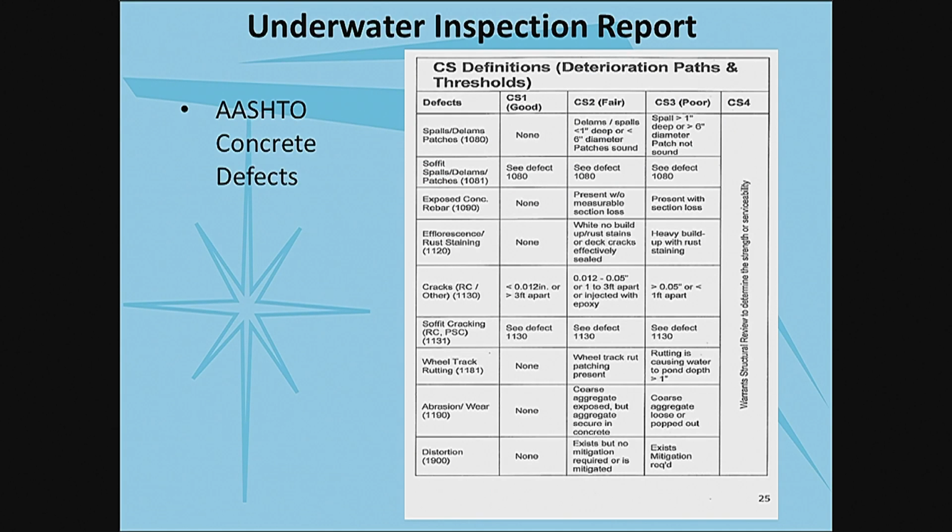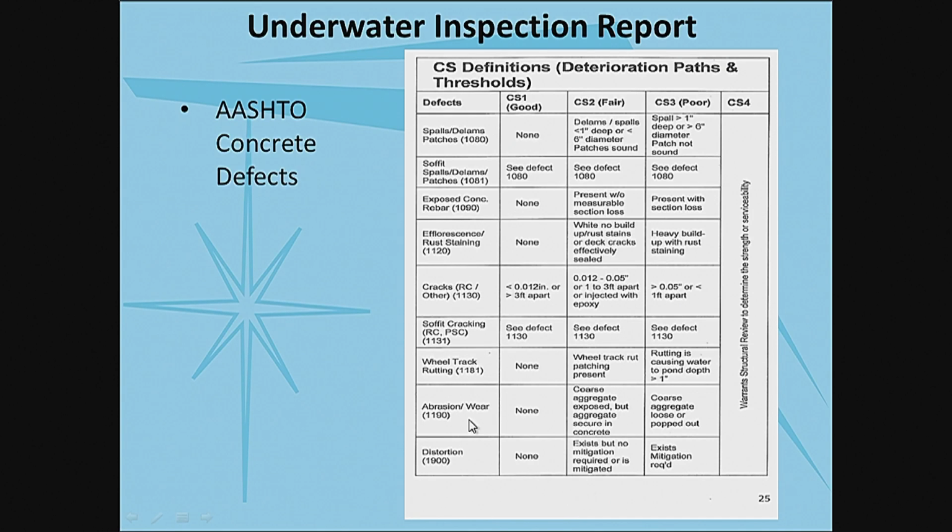which here are some of the concrete defects that you might find. And the next slide will actually show, it'll be highlighted to show an example of the elements and the defects that typically our divers will see. But for concrete, Rich went over this. I know this is a lot of information to start with, but as Rich said, you can make some phone calls and ask us questions, or ask us questions during the break. But so you can have, on concrete elements, spalls and delams, you can have cracking, you can have abrasion.